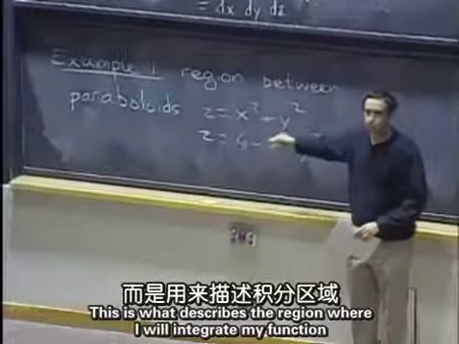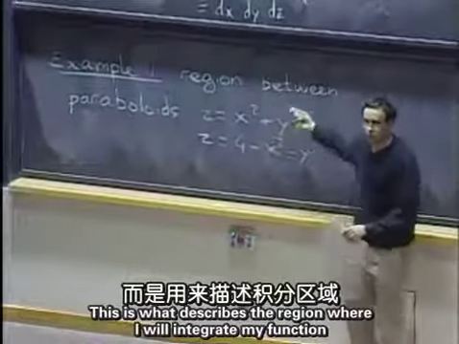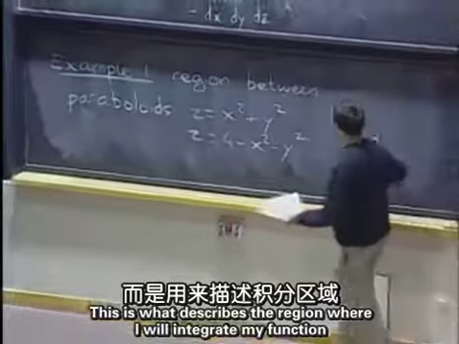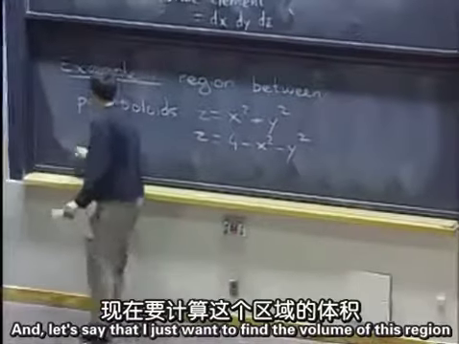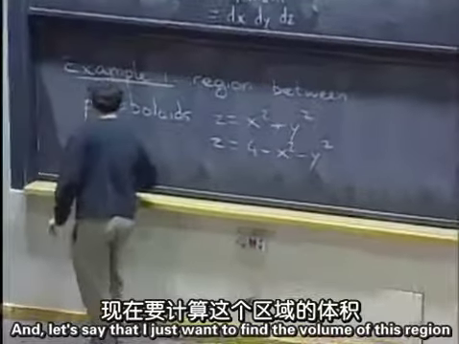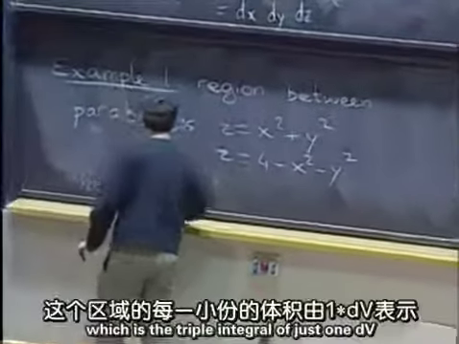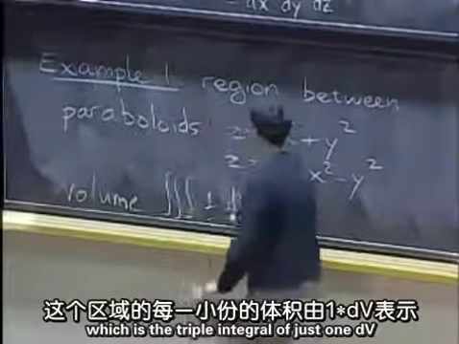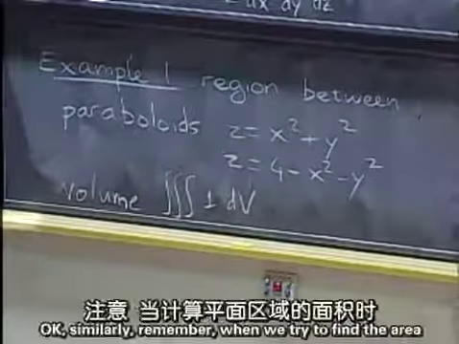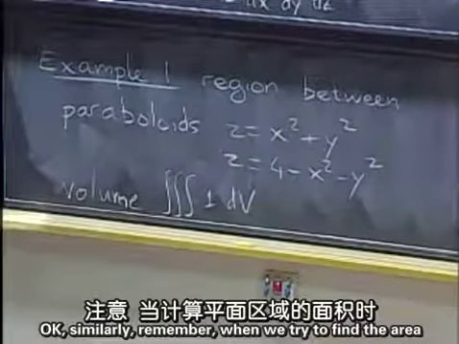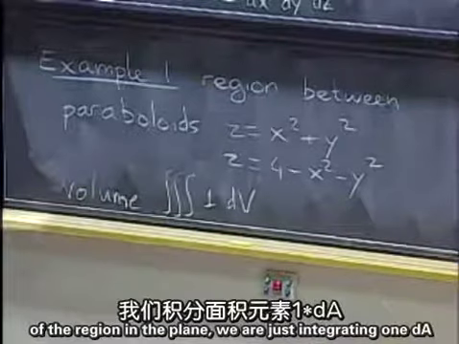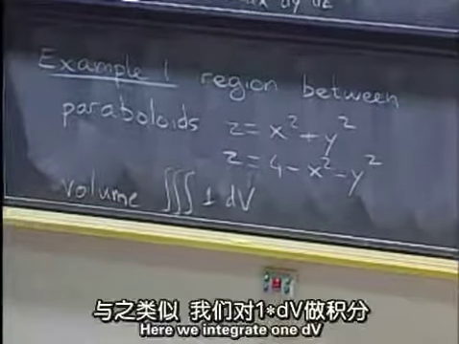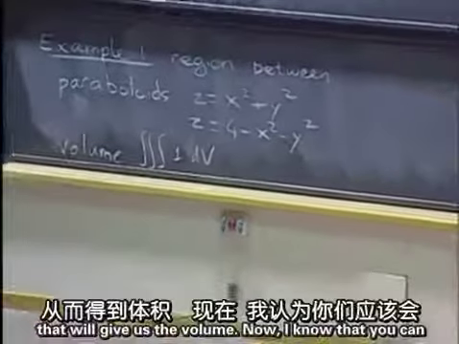This is what describes the region where I will integrate my function. And let's say that I just want to find the volume of this region, which is the triple integral of just 1 dv. Similarly, remember when we tried to find the area of a region in the plane, we were just integrating 1 dA. Here we integrate 1 dv. That will give us the volume.